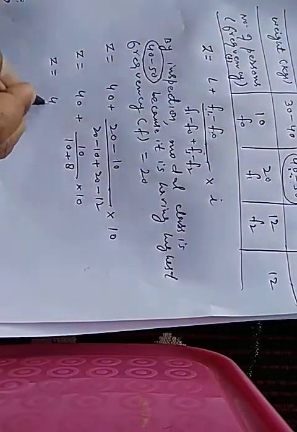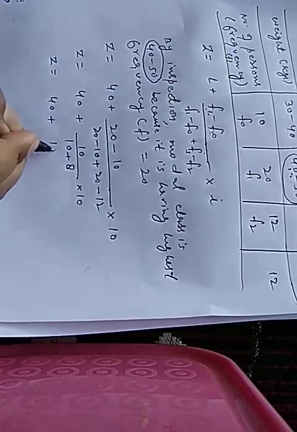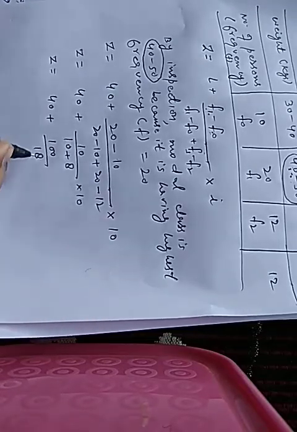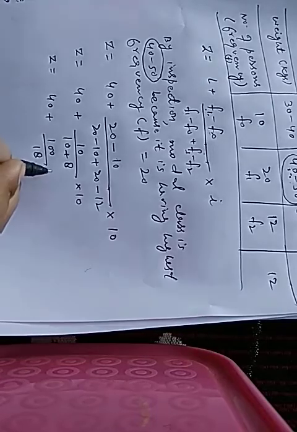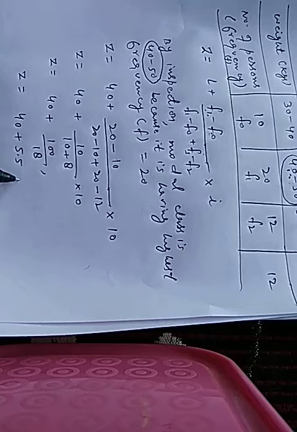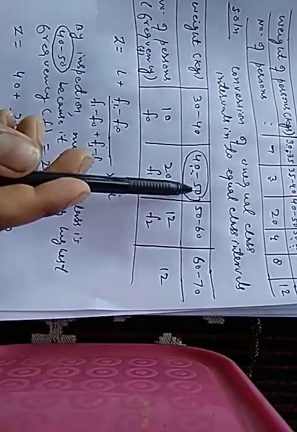Value of mode will be equal to 40 plus 100 divided by 18, which is 5.5, and the value of mode or model value will be equal to 45.5, which lies between these two limits, 40 to 50.